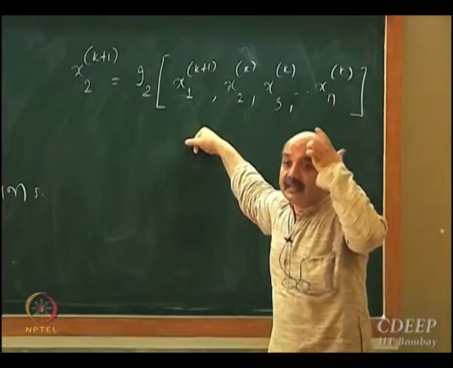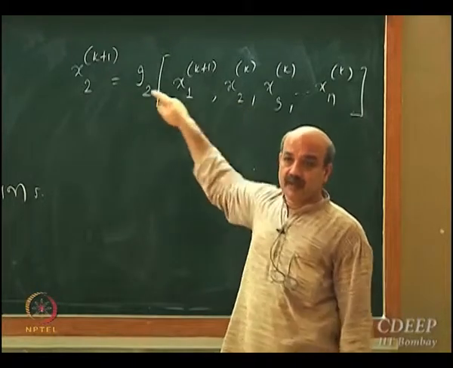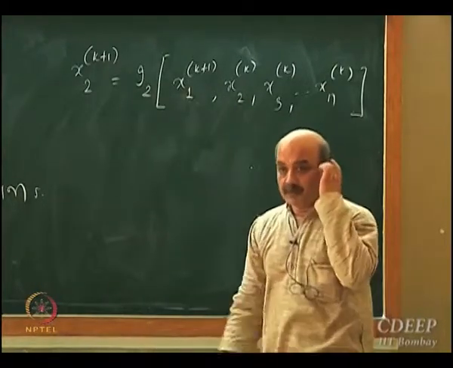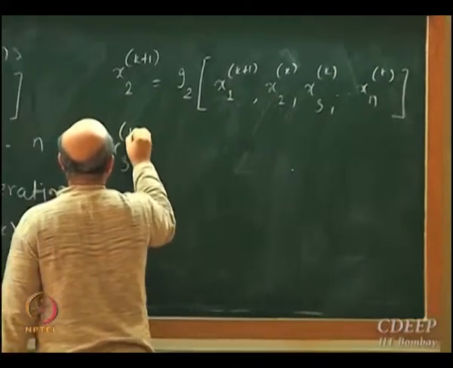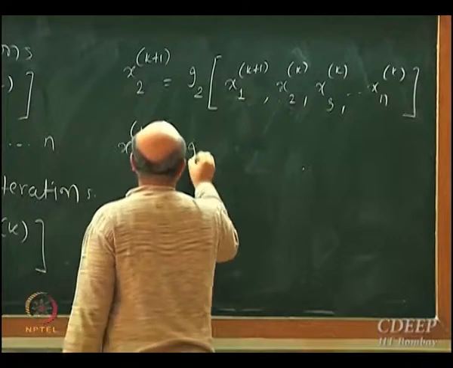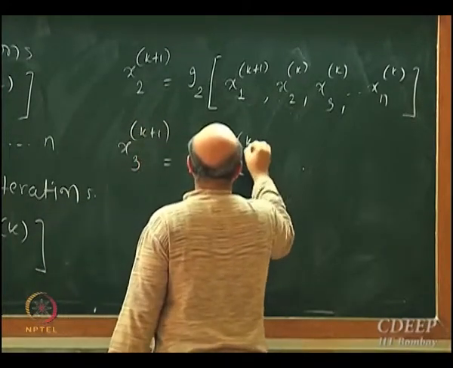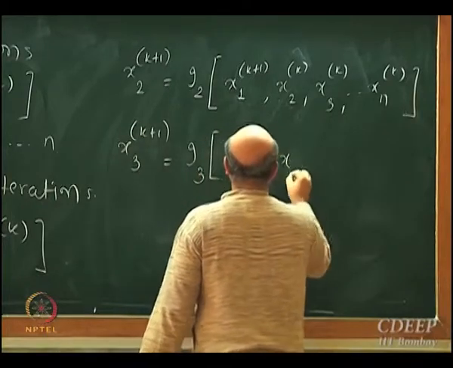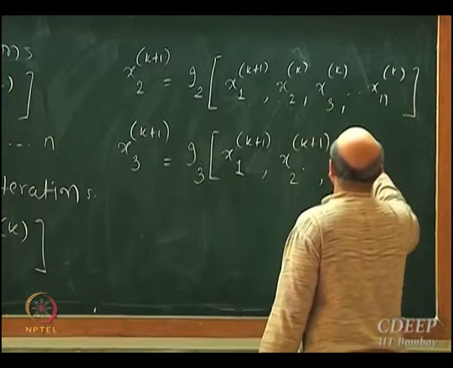Well, unlike the linear algebraic equation, x2 will appear on both sides because these are nonlinear equations; you may not be able to separate them. What will be my x3 at k plus 1? This will use g3 of x1 at k plus 1, x2 at k plus 1, x3 at k.